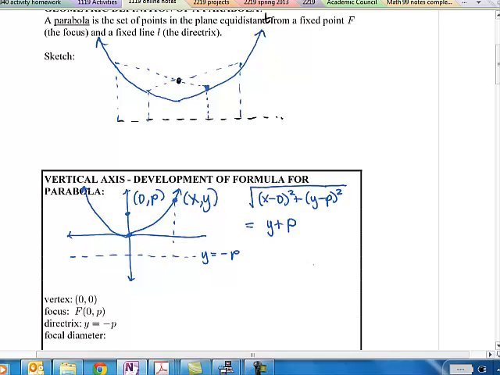Or we could say the square root of y plus p squared. These would have the same x coordinate. If we just drop this line down, that point would have x as its x coordinate. So we'd have x minus x squared plus y minus negative p squared. If we square both sides of that equation, we have x squared plus y minus p squared equals y plus p squared.